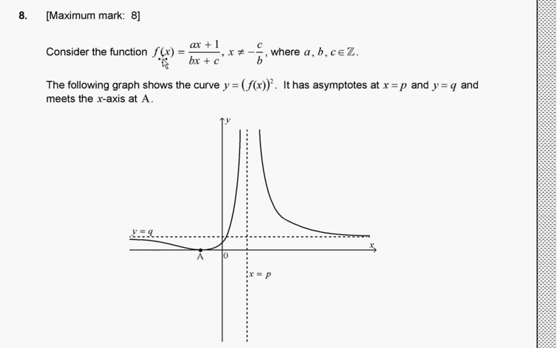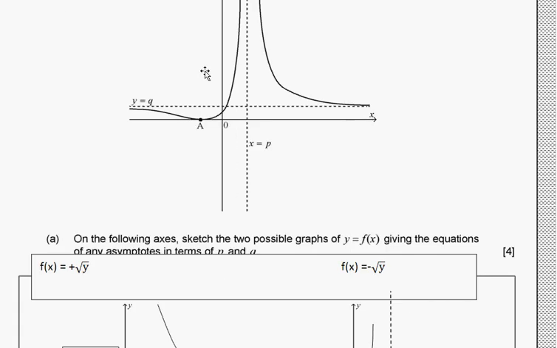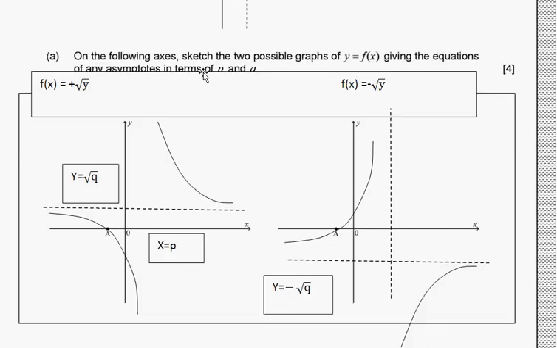If this function has asymptote x equals p, this function also will have asymptote x equals p. So we have actually two solutions. f(x) equals plus square root of y, where y is this function, or minus.